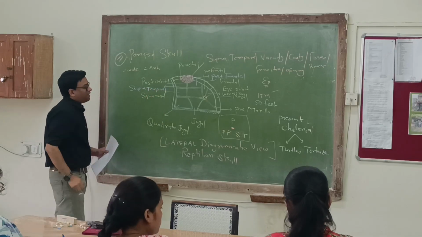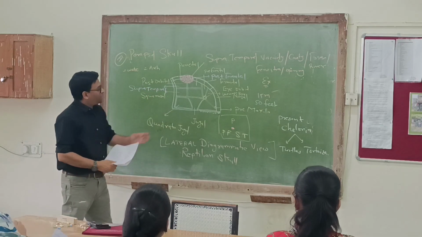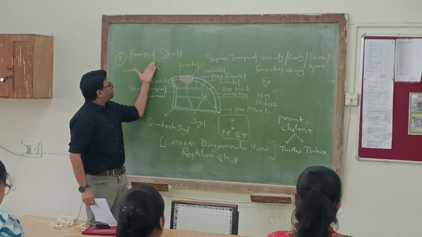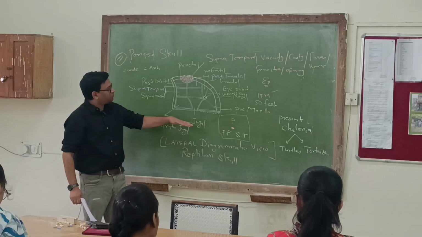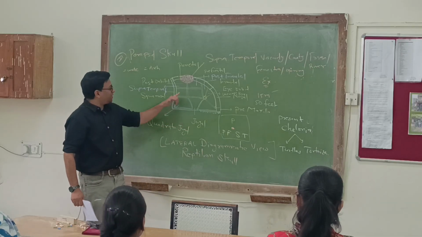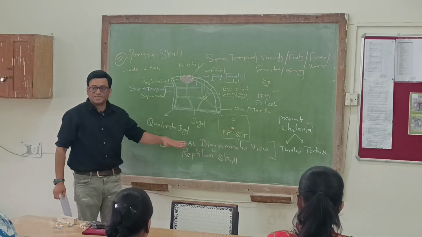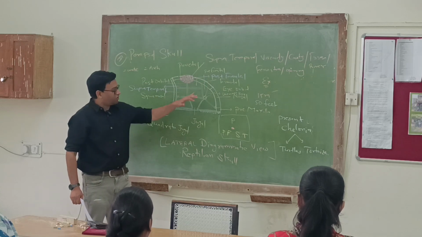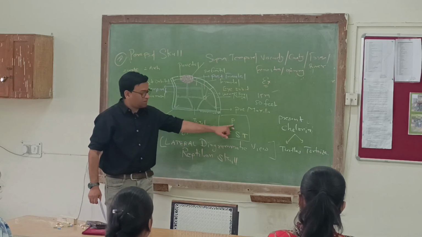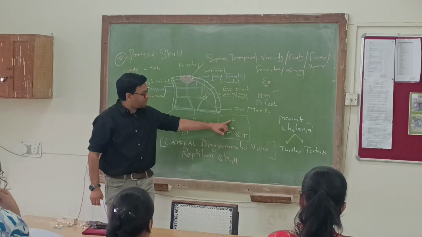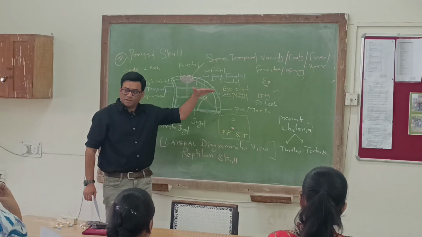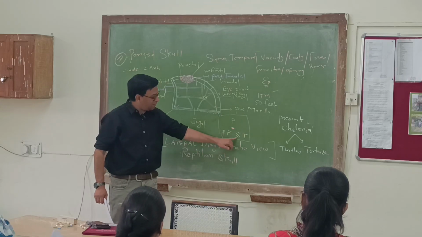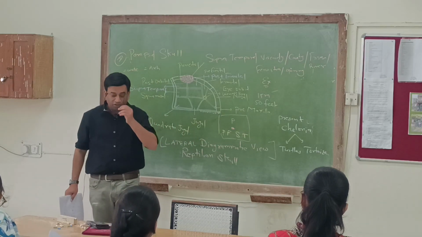So now we will say that a separate partition starts arising in the parapsid skull, which pushes down the post-orbital and the squamosal bone to the lower side and surrounds the supratemporal vacuity. Or we can say that the supratemporal vacuity is now guarded by the parietal bone from the upper side, and the post frontal and supratemporal bone from the lower side.